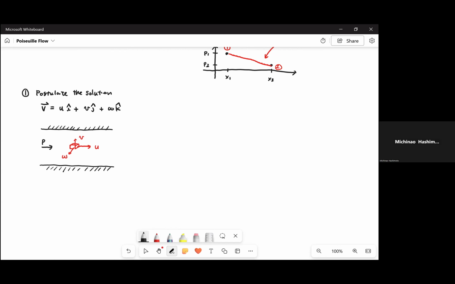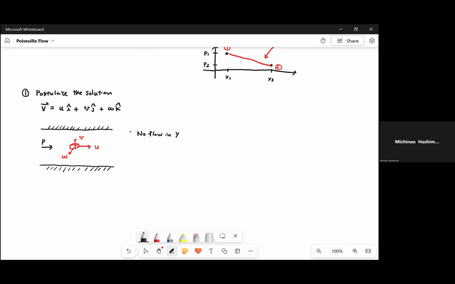It's very similar to how we analyzed everything in the Couette flow. First of all, is there any vertical flow? Does this pressure push the fluid up or down? Probably unlikely. So no flow in the y direction.